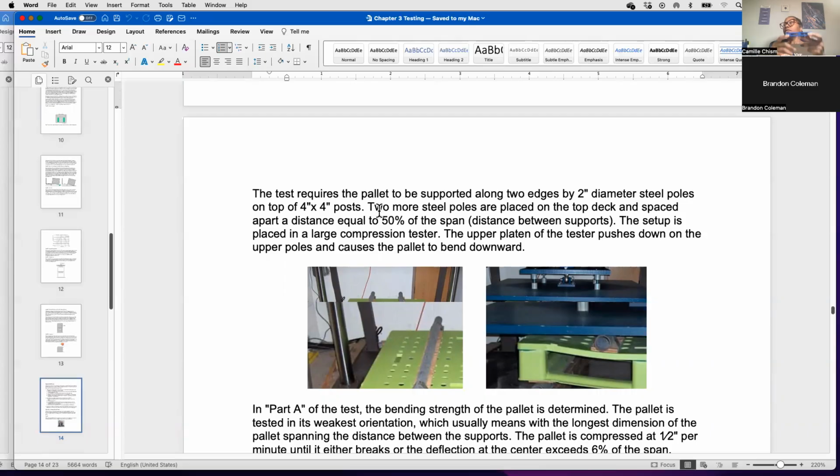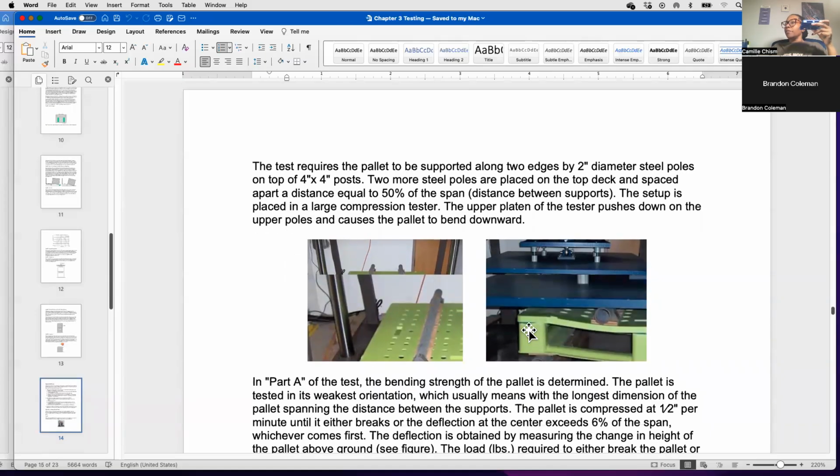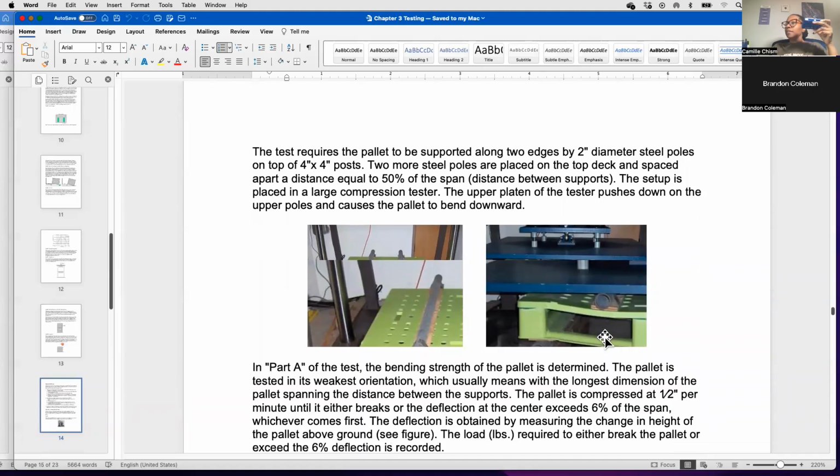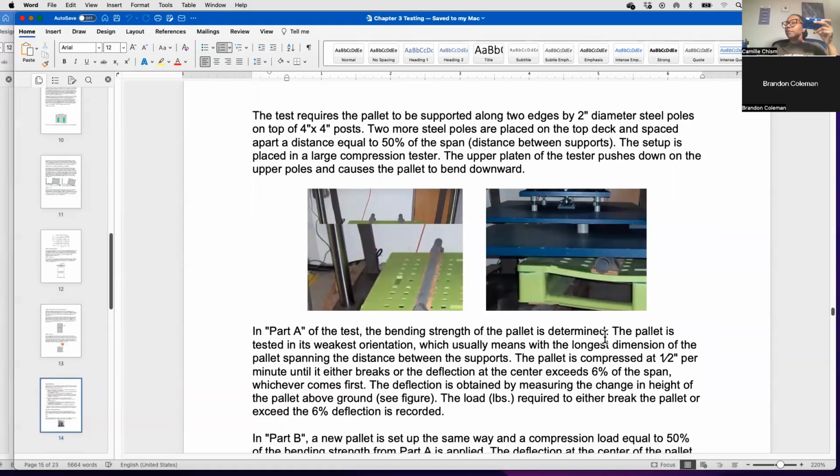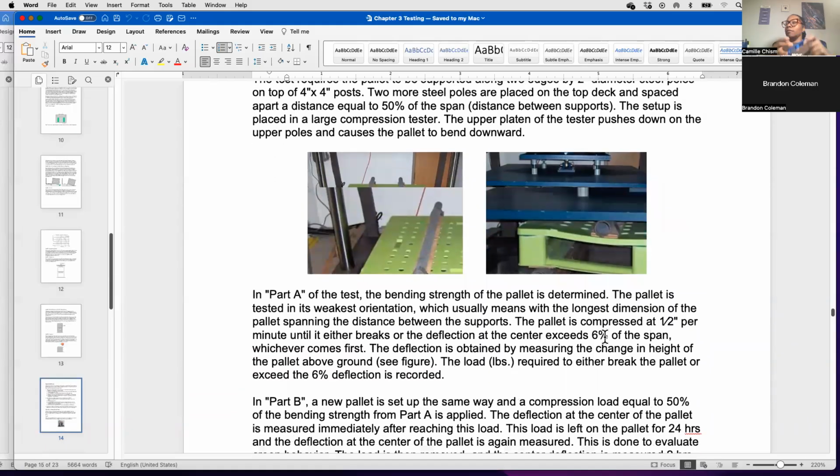You've got these posts with the steel poles, and once you compress it, you want to see what happens. And here's an example of one that is deflecting, and I'm going to guess this one's probably considered a failure. And that's what you're looking for. You want to know where your failure is occurring.